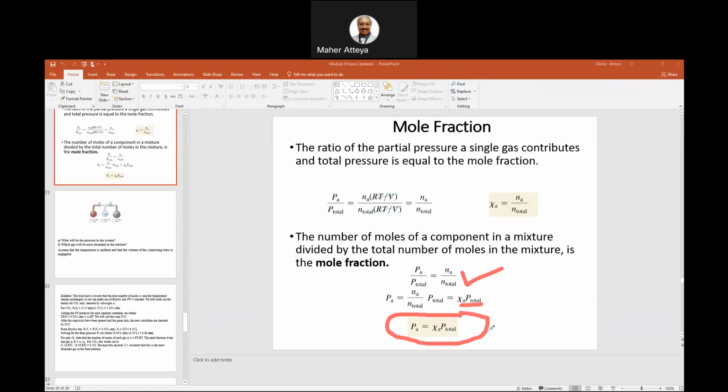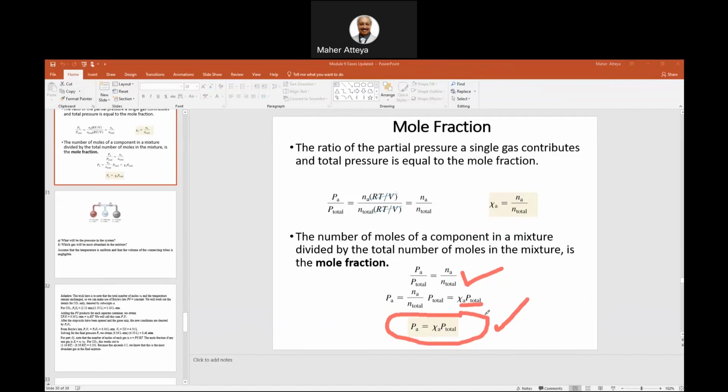Again, I want you to write this one down. Partial pressure equals the total pressure multiplied by the mole fraction of that gas in a mixture, correct? And the total of the mole fractions has to come to be what? To be 1. It cannot exceed 1.